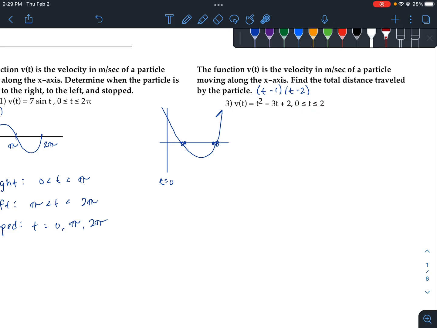So the distance traveled here is positive, the distance traveled here is negative, so basically we want the integral from 0 to 1 of this function, and then we want the integral from 1 to 2, but we want the absolute value of that area because we want to add it to this right here. So that's essentially what we want to do. So let's go ahead and roll this out. So we'll do the integral from 0 to 1 of t squared minus 3t plus 2 dt.